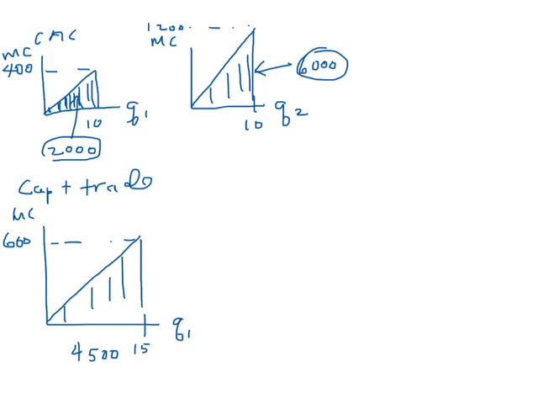And then for firm 2, you get a lower cleanup. They only clean up 5.